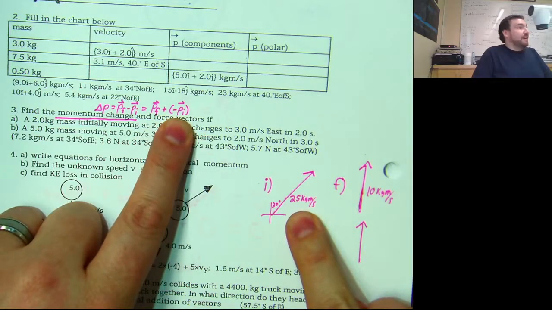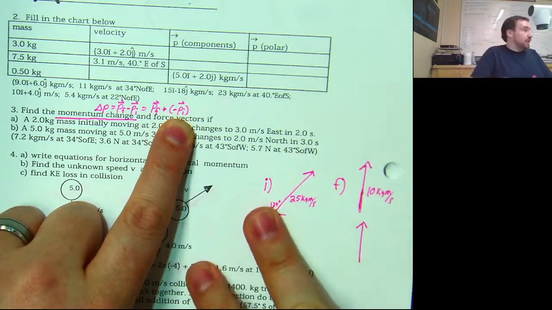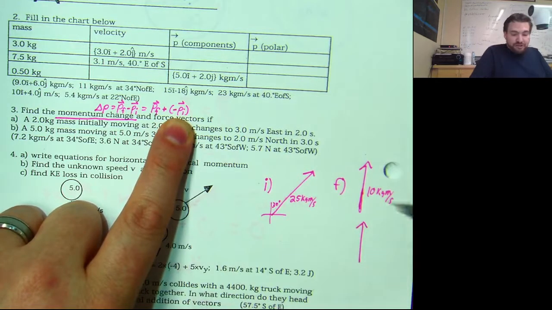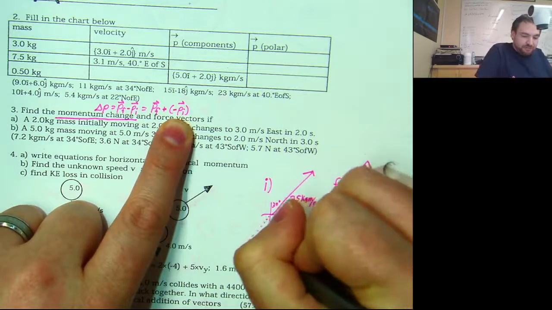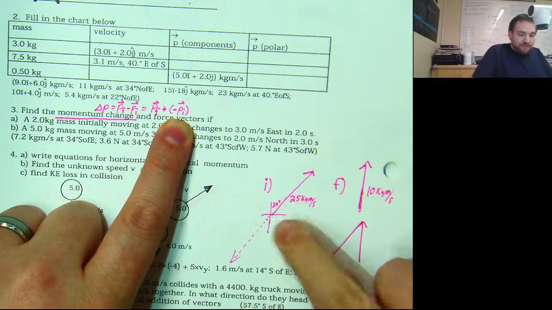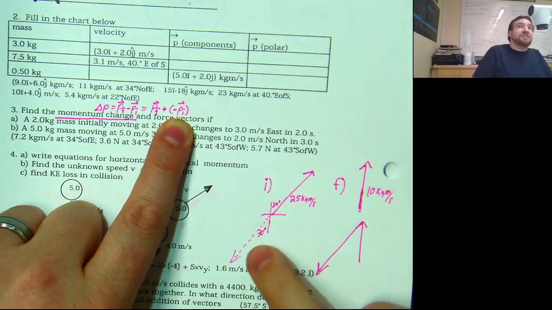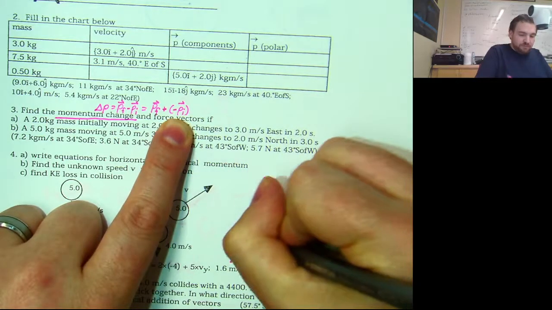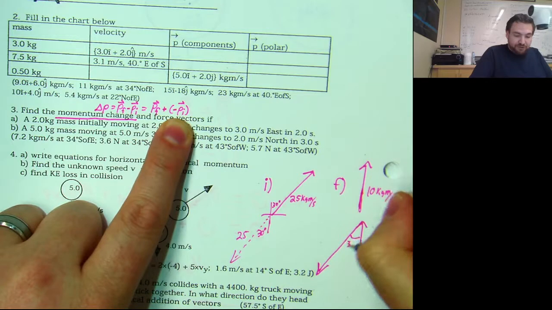To find the negative of a vector, you just flip the direction, 180 degrees. So that's going to make this vector go like this, and instead of 30 degrees east of north, it's going to be 30 degrees west of south. So this is the negative of that vector there. So then that angle here becomes 30 degrees.